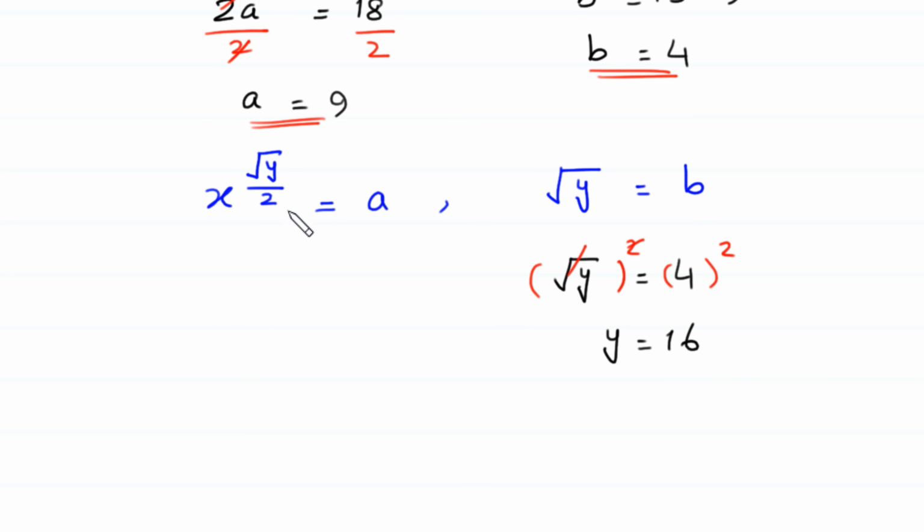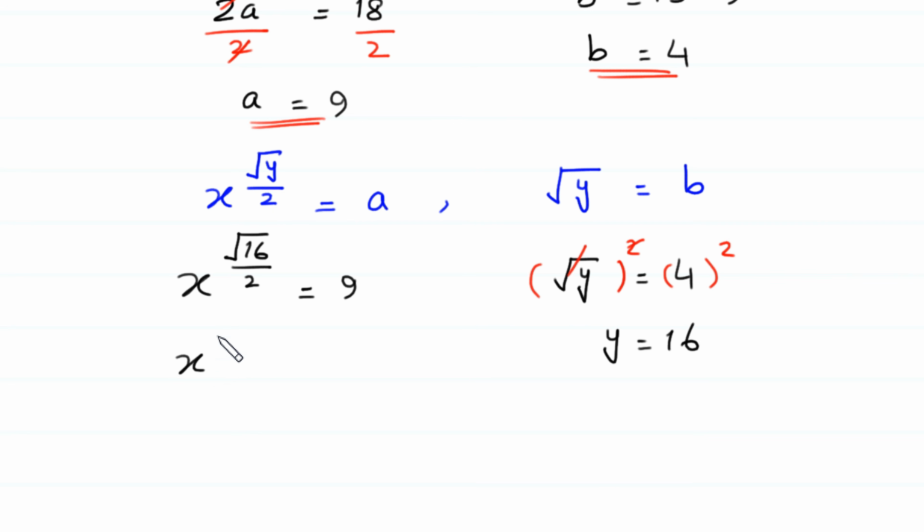Now to find the value of x, in this equation we put the value of a, 9, and the value of y, 16. x to the power square root of 16 over 2 is equal to 9.